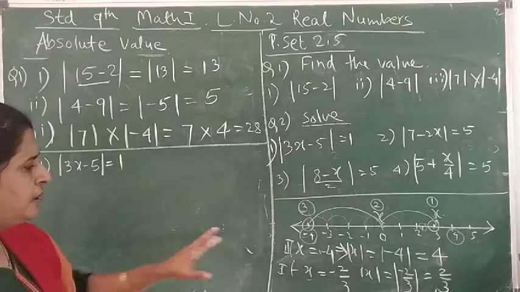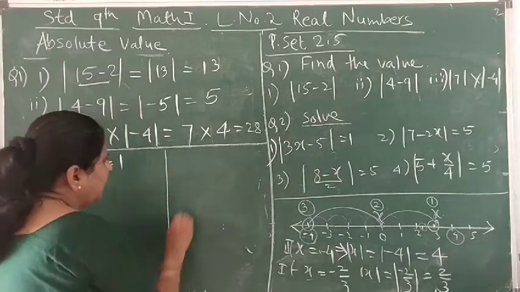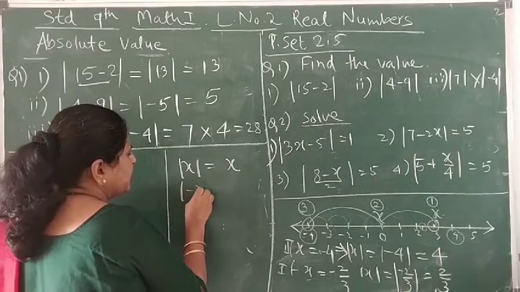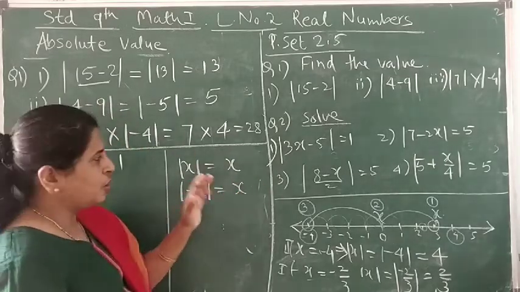Now here again we need to understand the basic concept that the absolute value of x is x as well as the absolute value of minus x is also x, if it is not 0.